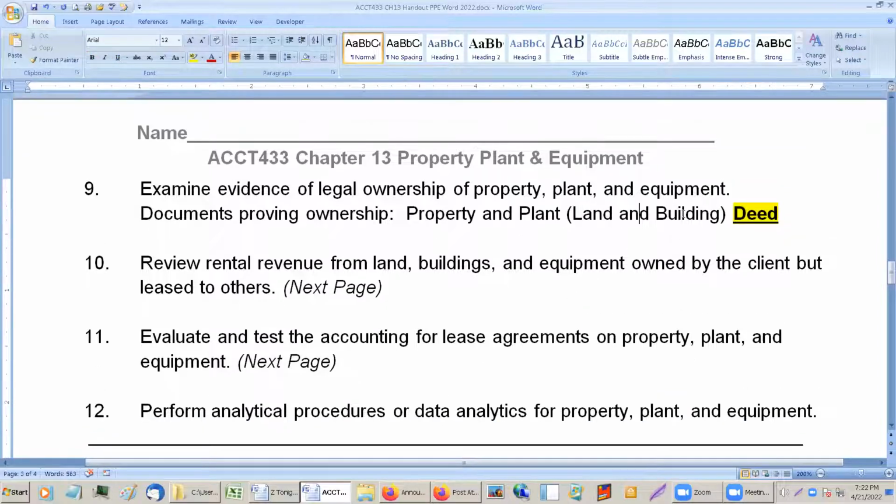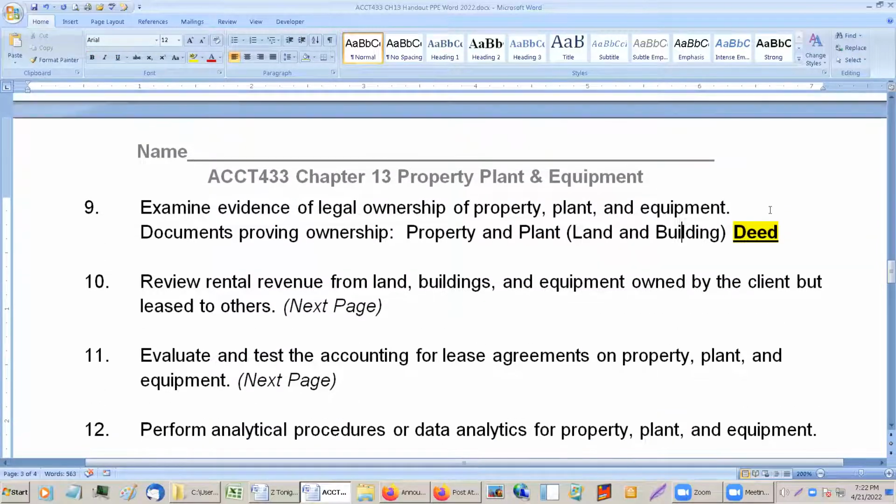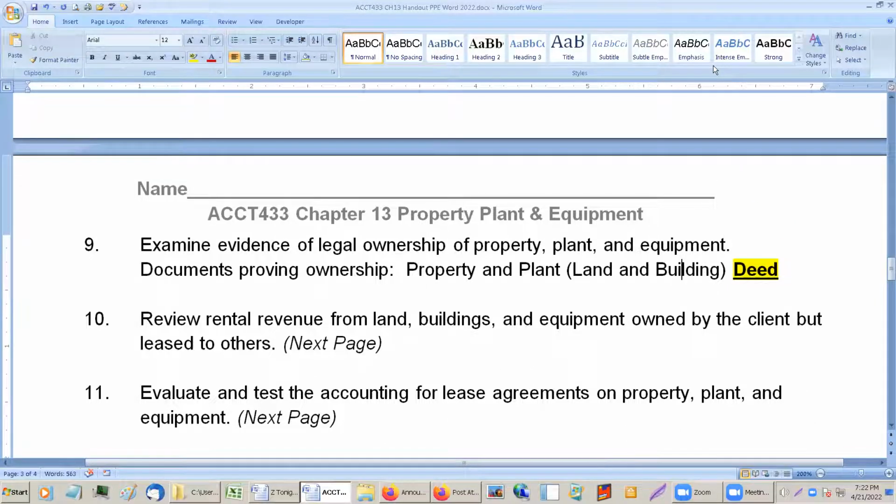So property and plant, or land and building, those are going to be deeds usually. Most deeds are, here's the land, and by the way, there might be something on it. If there's a house on it, that's fine. You generally buy the land and the house goes with it. So anything on the land goes with it.